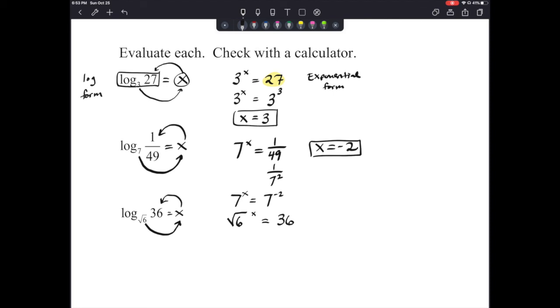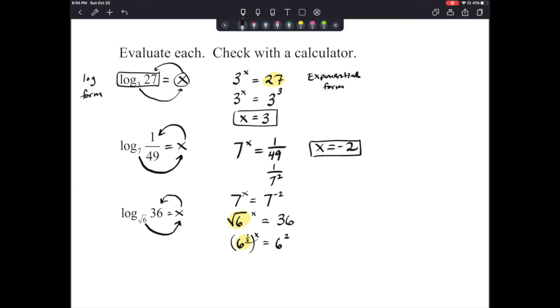We know that the square root of 6 could be rewritten as 6 to the 1/2 power, still being raised to the power of x. We know that 36 is 6 to the second power.